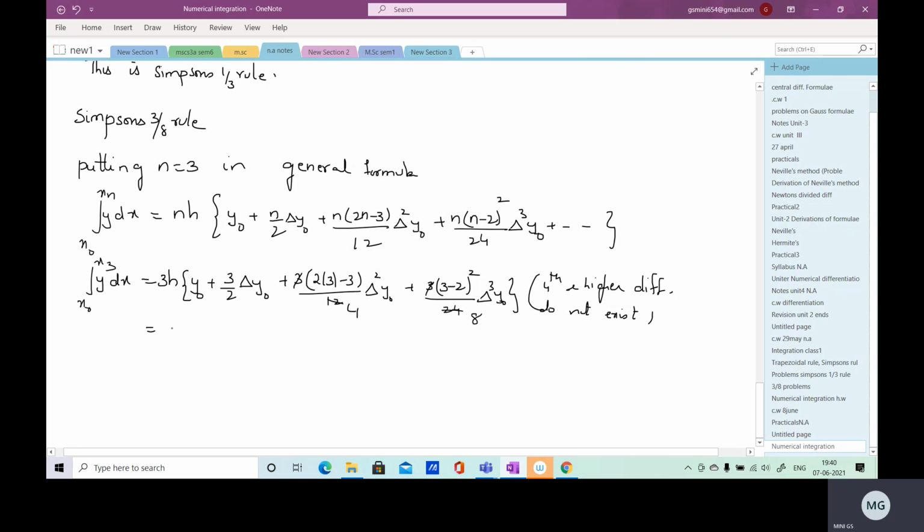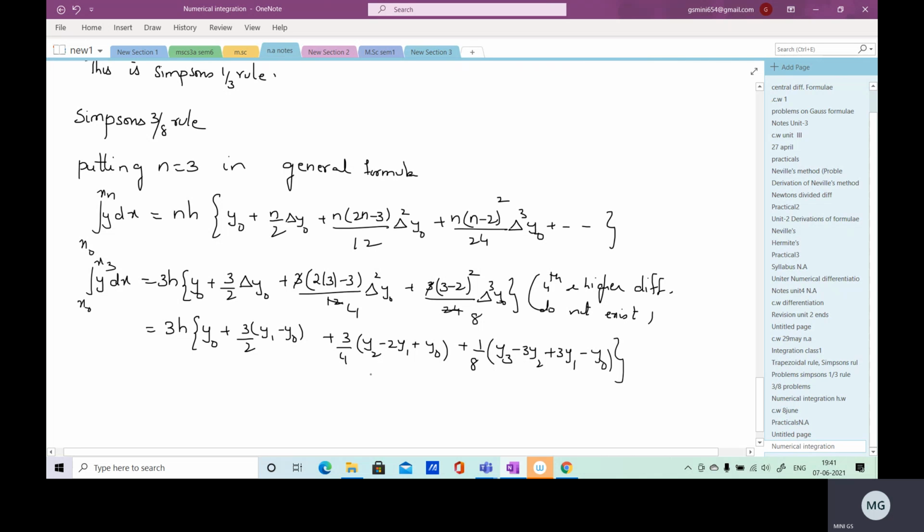So this is equal to 3h into y naught plus 3 by 2 into y1 minus y naught plus, this is 2 threes is 6 minus 3, so this is 3 by 4. Instead of writing del square y naught, I am writing it as y2 minus 2y1 plus y naught. Plus here this is 3 minus 2, 1 square is simply 1, divided by 8, into y3 minus 3y2 plus 3y1 minus y naught.